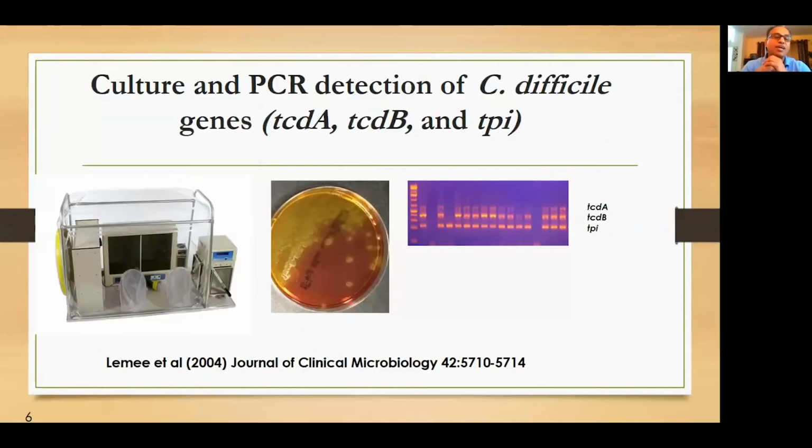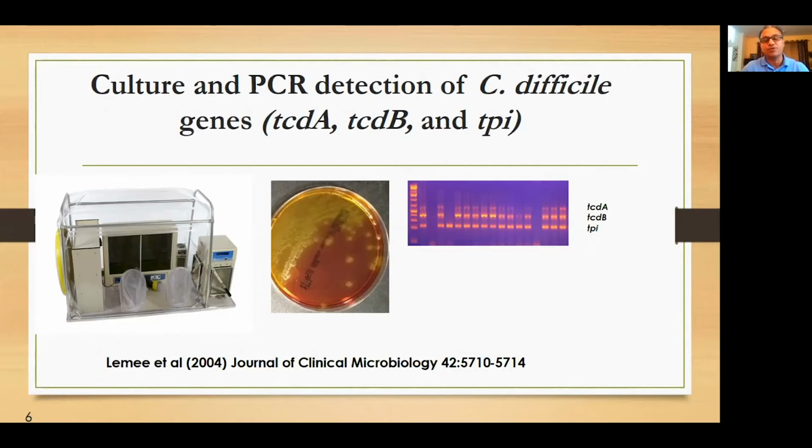We regularly culture this strictly anaerobic bacterium in our lab from many different sources: from CDI patients, Clostridium difficile infected patient stools, from animal stools, from environmental swabs, from everywhere. We try to understand the ecology and epidemiology of this important pathogen.